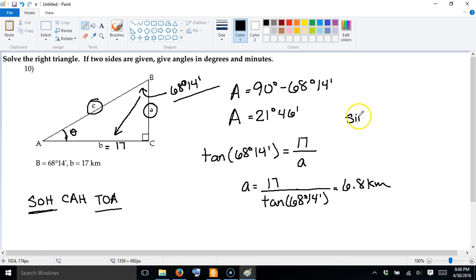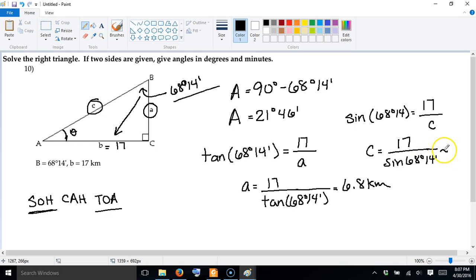So sine of my given angle is equal to the opposite, which is 17, over adjacent, or sorry, hypotenuse, just C. So solve for C, and plug that into your calculator and you will get something like 18.3, and that's again kilometers.